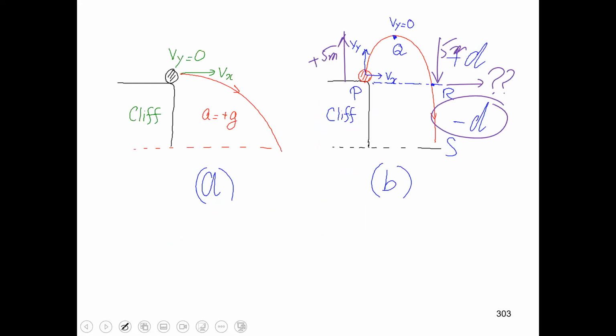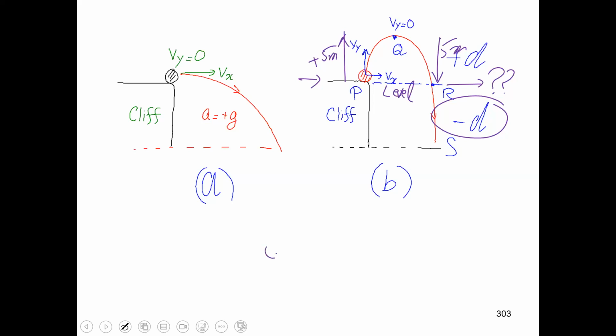But this is what we were discussing now, and we had a view that this is the level of the cliff. You started from here. So when you go below the level where you started, displacement is negative. Displacement as a vector becomes negative when you go below the starting point.